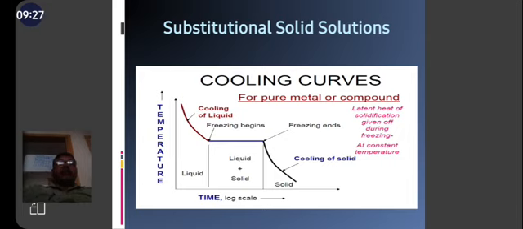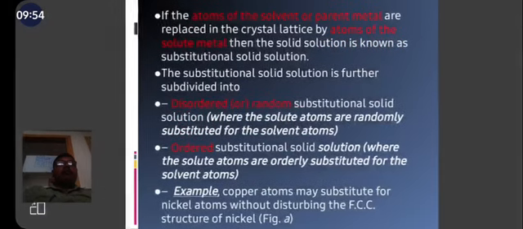Materials in liquid state, liquid plus solid state, and solid state are shown in the figure. When heating, the metal is in liquid state, and then on freezing it converts into liquid plus solid. When we cool the molten metal, it becomes solid.